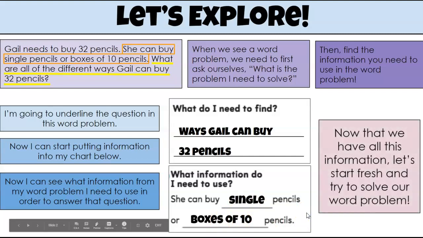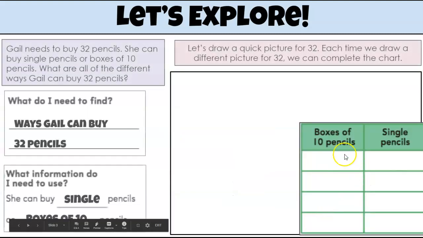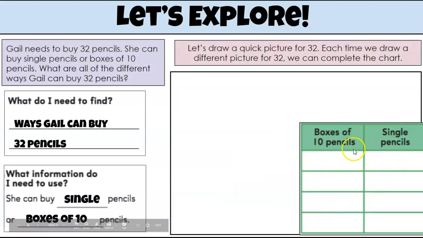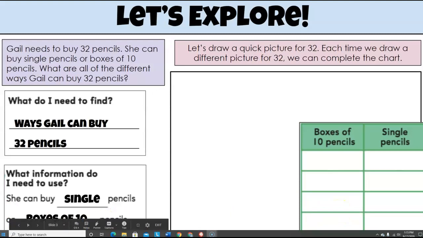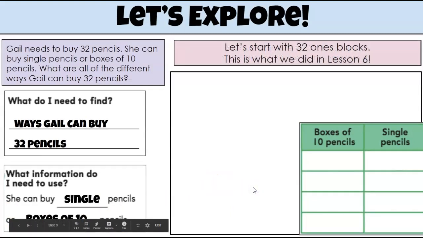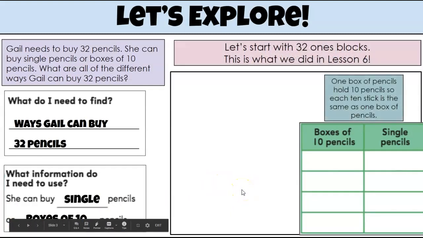Now that we have all of this information, let's start fresh and try to solve our word problem. Down at the bottom, you have a little box that looks like this. It says boxes of pencils, single pencils. So we're thinking about ways Gail can buy 32 pencils.